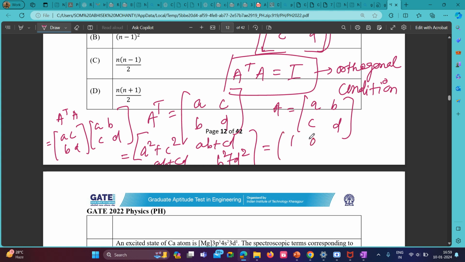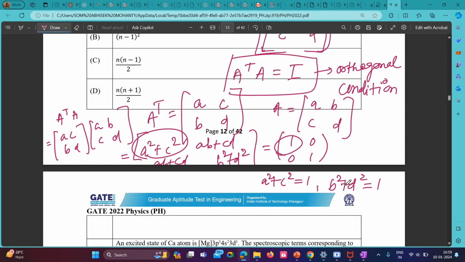I means 1 0 0 1. So you can see a square plus c square is equal to 1, b square plus d square is equal to 1. Alright, correct?